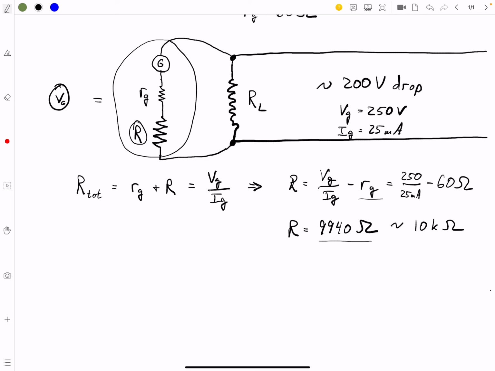If that ends up being our total load, it'll give us a full galvanometer response, all the way from one side to the other.